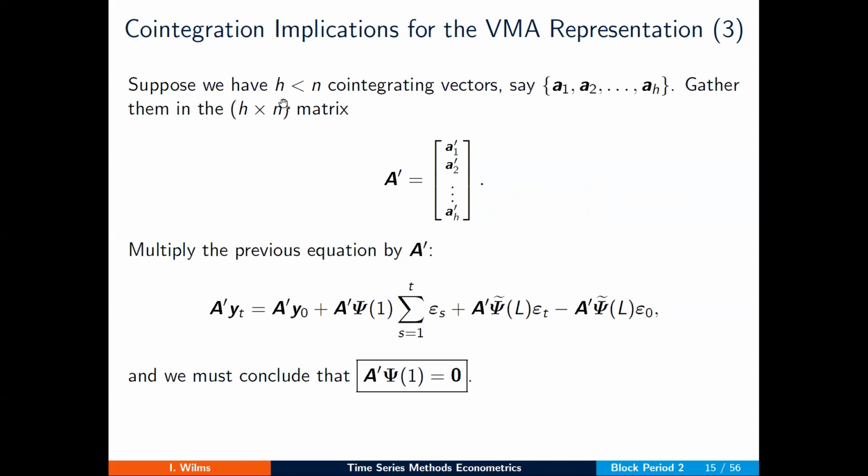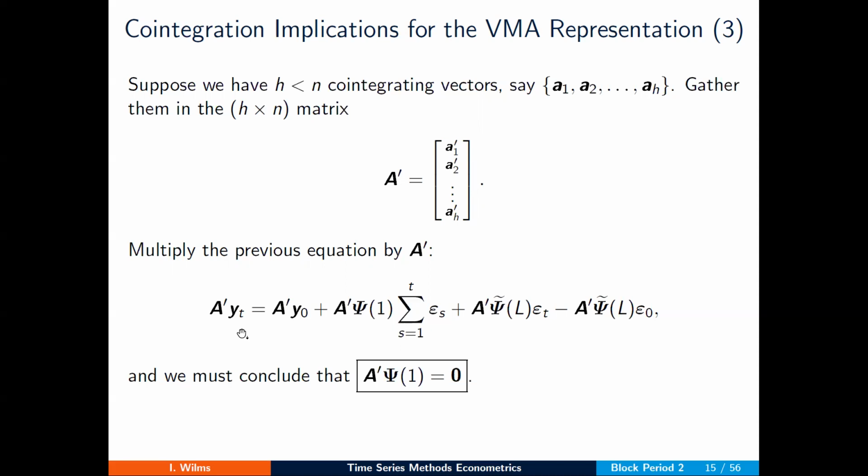But for now, suppose that we have h co-integrating vectors collected here in these A vectors. And let us gather them all in this matrix A prime. So each row in A prime contains a co-integrating vector. Note that A prime is of dimension h times n.